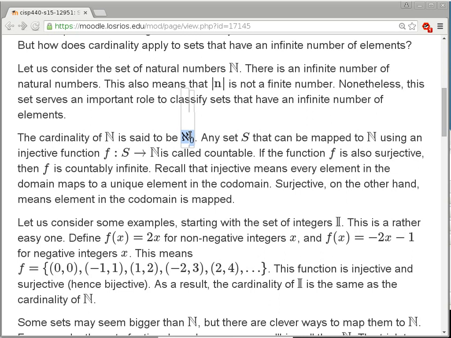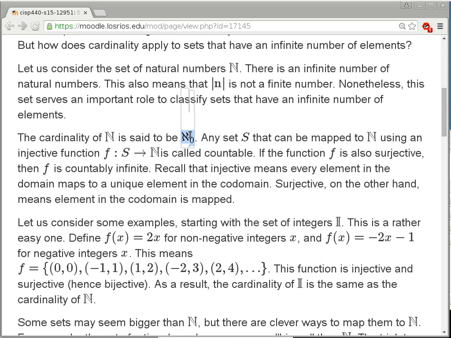So we basically define this symbol to mean the cardinality of the natural numbers. But this way we also have a way to refer to the cardinality of other sets that have an infinite number of elements.